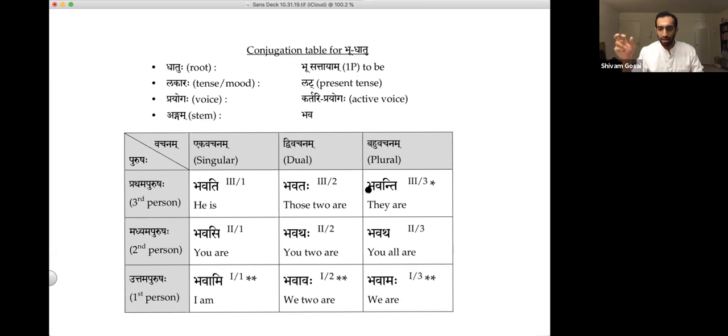So bhava plus anti is not bhavaanti, but it's bhavanti, right? Second a eats the first a. That's gunasandhi. And then in the first uttama purusha, all that whole line of first person, you see that last akara becomes long. So bhavami, bhavavaha, bhavamaha. Okay.